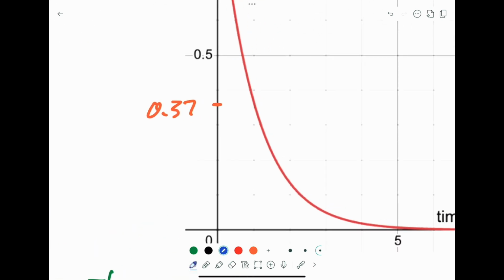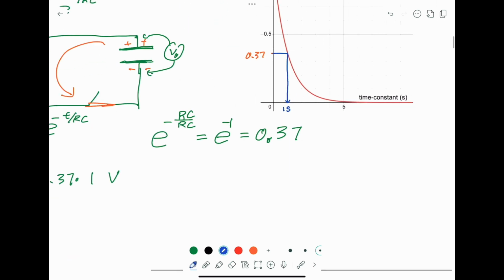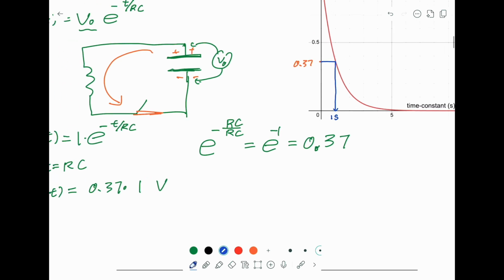And now we reach here, and now we reach here. What time? It is 1 second. So it's very clear now. The tau, the time constant, is equal to 1 second.